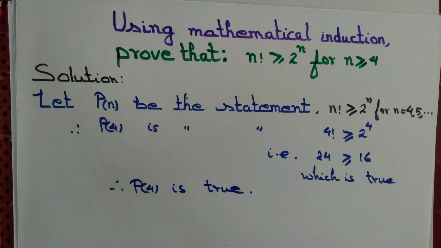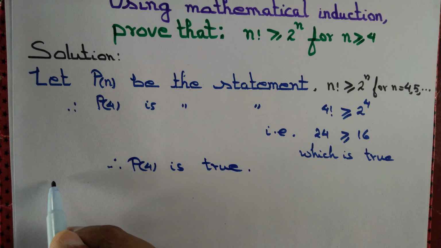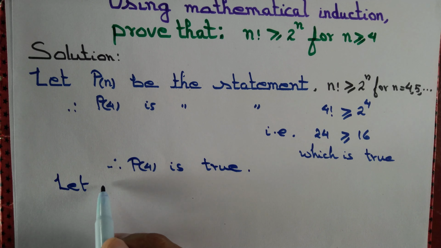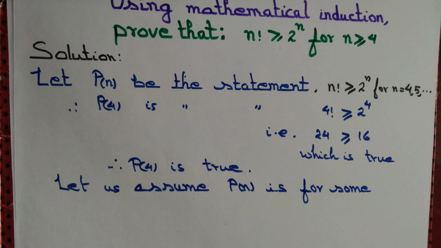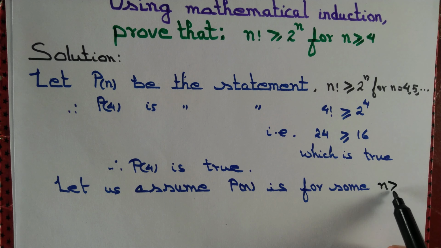Now once we get the starting point to be true, we need some kind of cycle so that we can continue further. So to get the cycle, we assume something true. So let us assume P(n) is true for some n greater than or equal to 4.